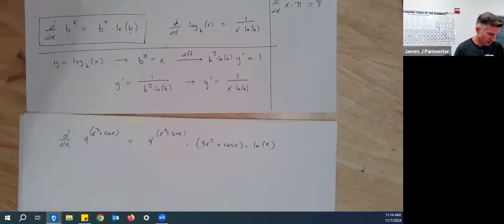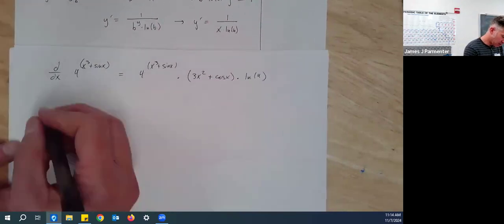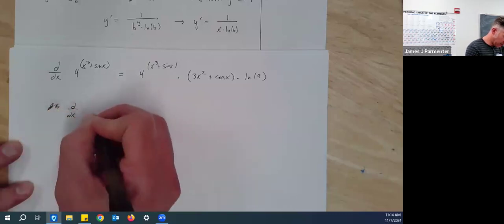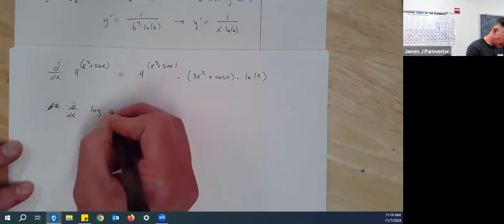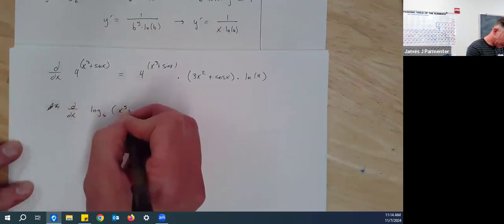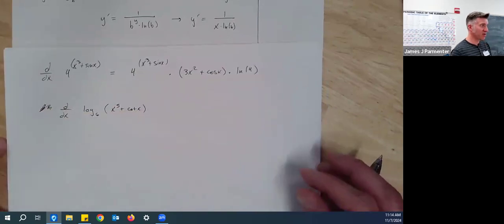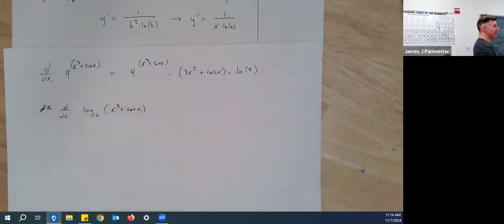And in a similar way, we could ask, what's the derivative of log base 6 of x to the 5th plus cotangent of x? Well, same idea. I know the derivative of the natural log of some stuff is 1 over the stuff times the derivative of the stuff.